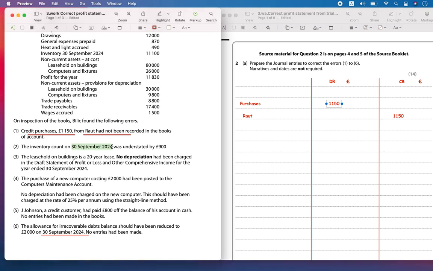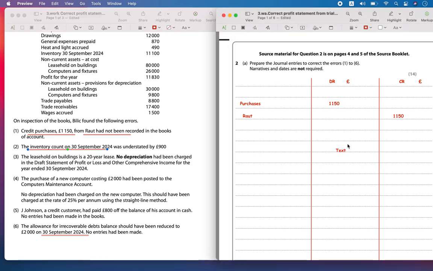Then the inventory count of 30th September was understated by 900. So the two accounts that are going to get affected are the closing inventory account and the income statement.